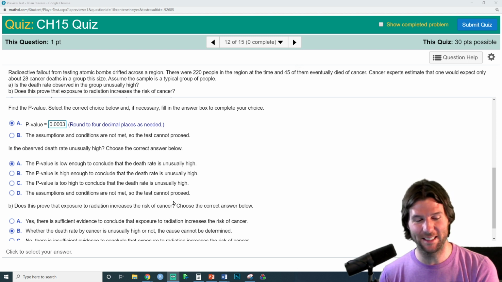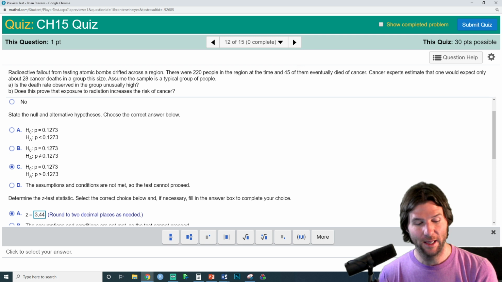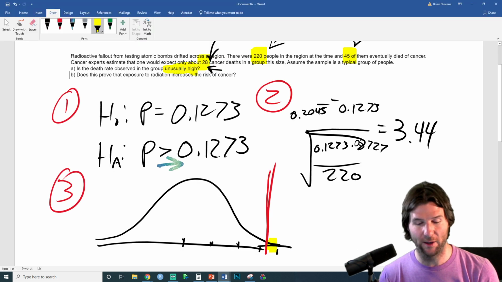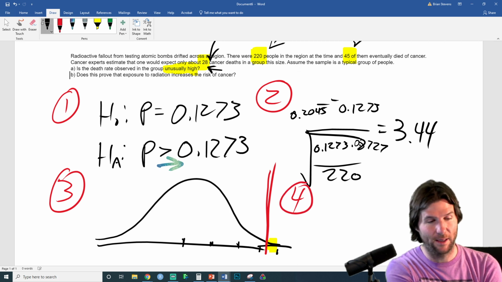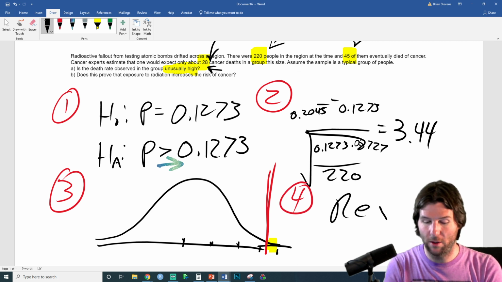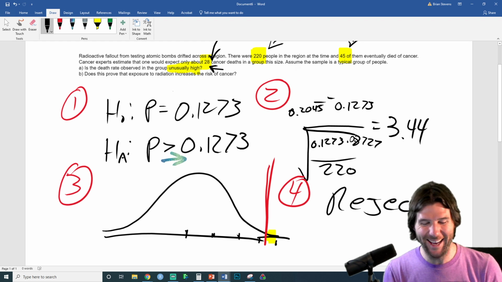I only get the 1 mistake a day, so I'm 1 mistake more than what I get. Because everyone knows when the p-value is low, reject the null. And I just have to look at the p-value and say, well, the p-value is low, I reject the null. And so that's literally step number 4 right here. The p-value is low. I don't know why I was saying it was high, because I can't read today. And we reject the null. The p-value here is low, so we reject the null.